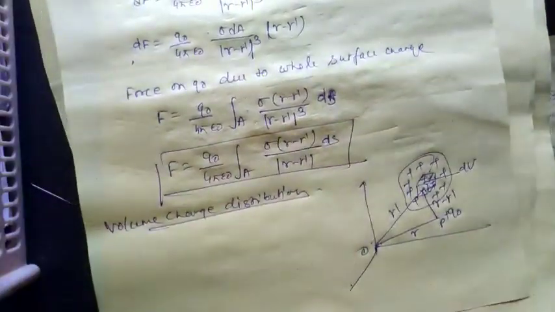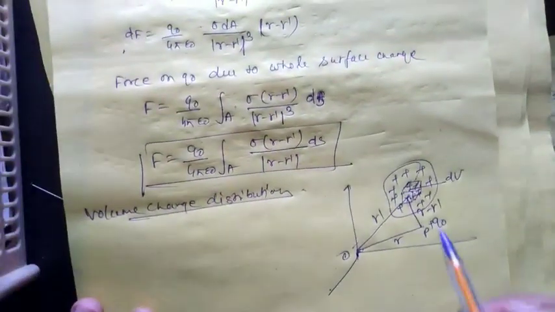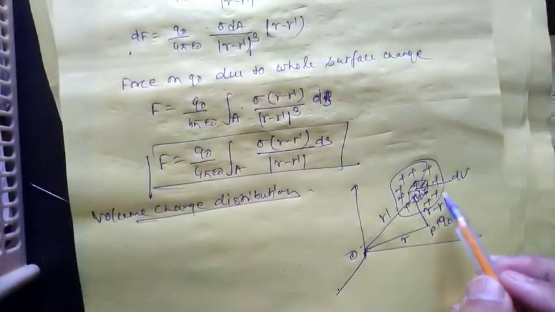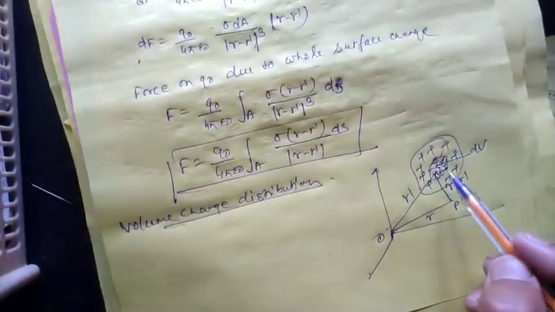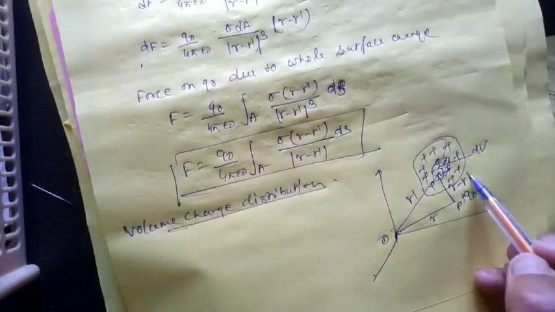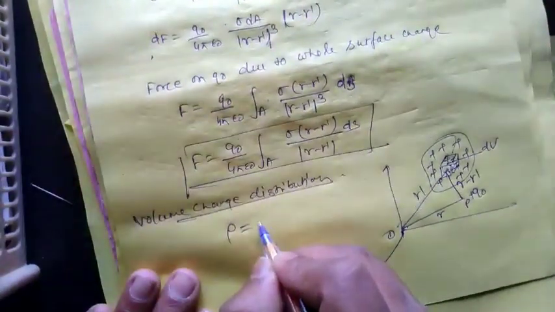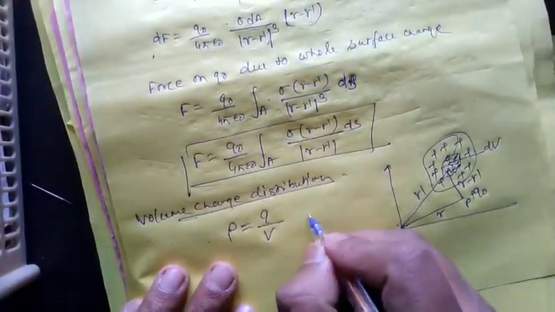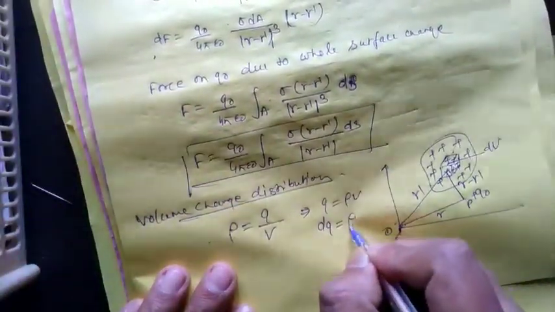If we have a cuboid or a cube with charge uniformly distributed in a given volume, then the charge distributed per unit volume is known as the volume charge density, denoted by rho: rho equals q upon V, so q equals rho V, and for a small charge, rho dV.